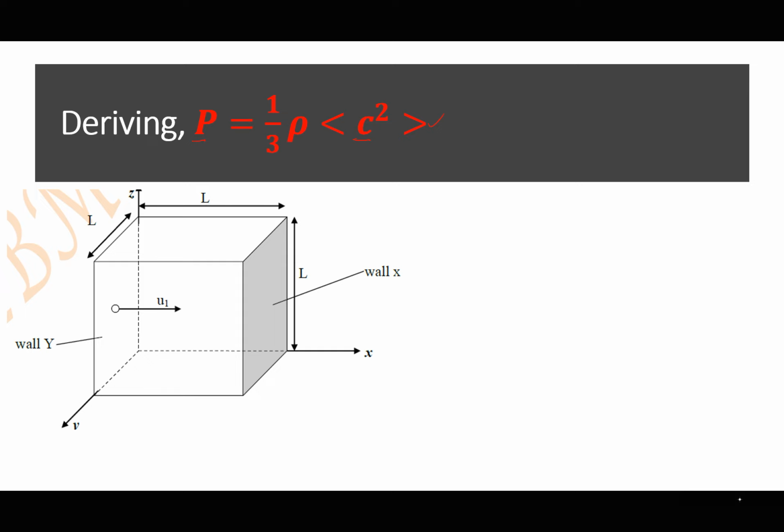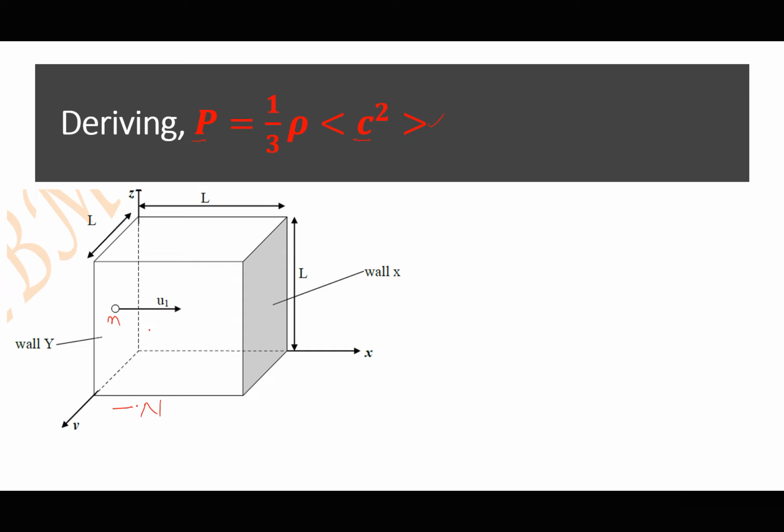Consider a large number N, capital N, of molecules of a gas. Let each molecule have a mass small m. Let them be contained in a cubical container such as this one drawn here, whose sides have length L. Remember, it is cubical, meaning that all sides are equal.